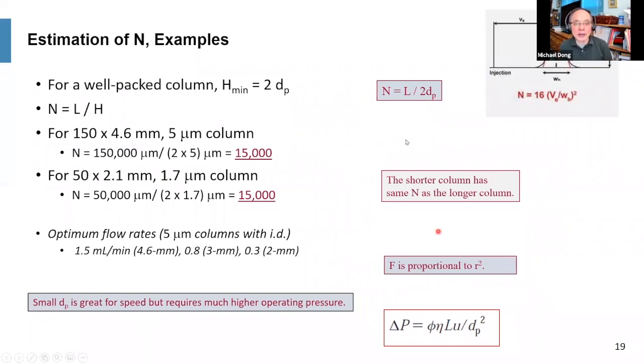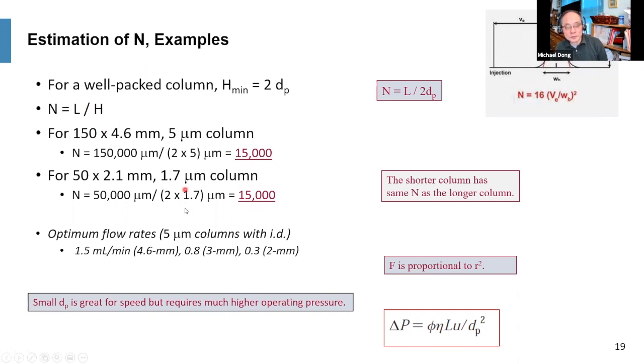Now, how do you estimate N, right? So very easy. The H minimum is the A term, which is 2 times the particle size. N is equal to the length of the column divided by the plate height. So if you have a 5 micron column, 15 centimeters long, you get 15,000 plates. For a 1.7 micron column, you also have 15,000 plates, right?